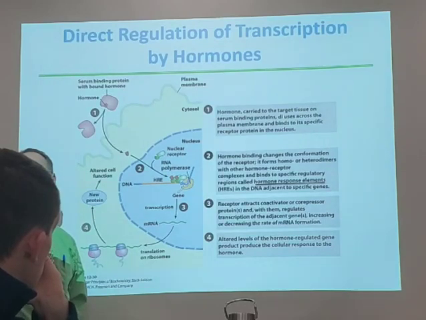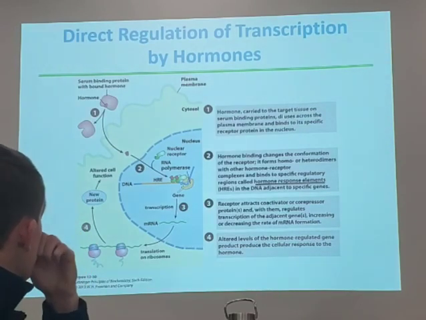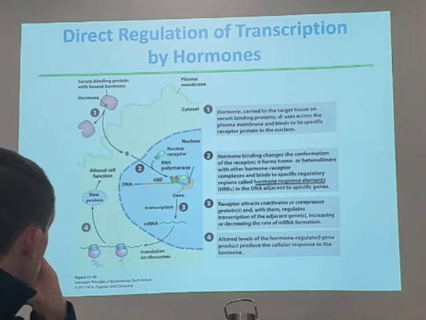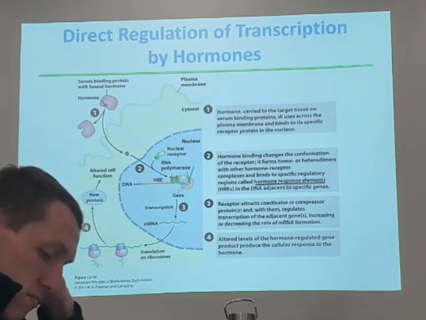That's going to ultimately alter transcription. Okay. Sometimes they're promoters, sometimes they're inhibitors, but that affects the translation of what's going on. In this instance, we're creating new transcription of mRNA, and hence we get new proteins that are in that altered function. Okay.